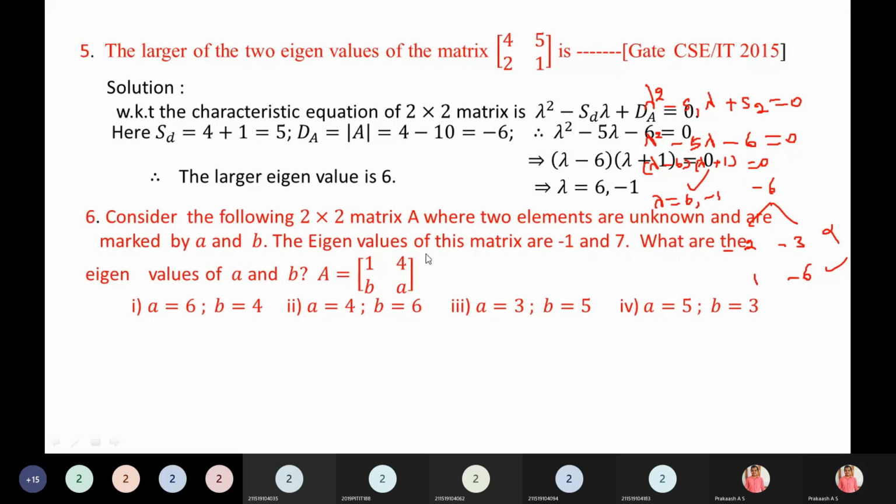The given data is lambda 1 equal to minus 1, lambda 2 equal to 7.